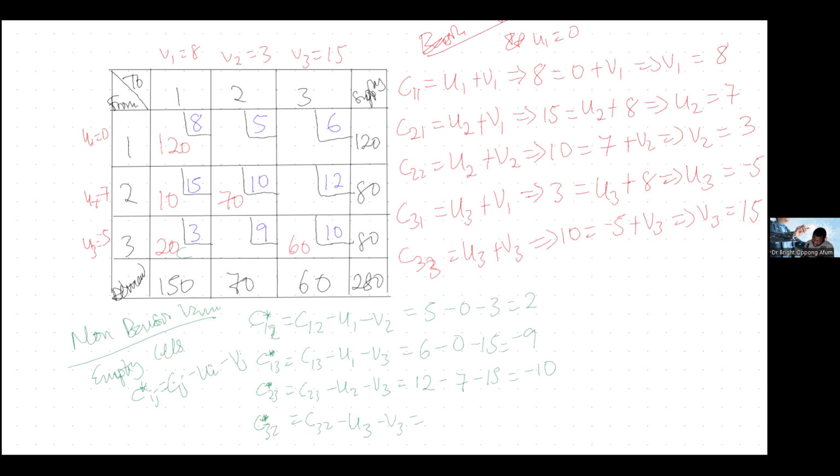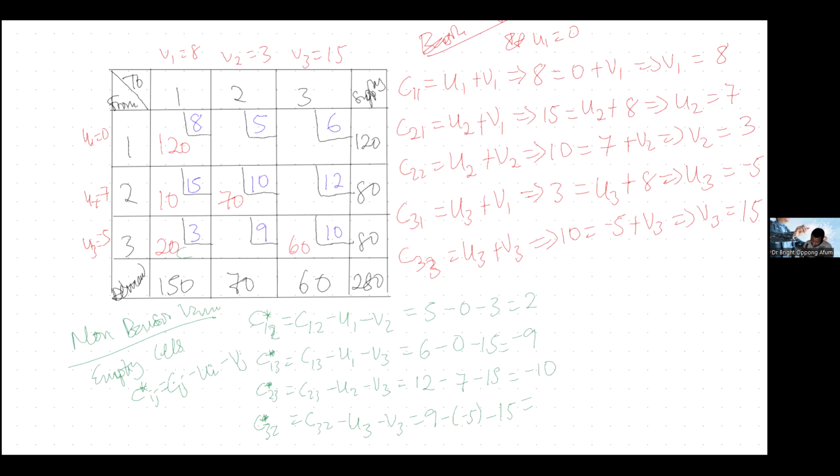And if you substitute, C32 is 9, U3 is negative 5, minus V2 is 15. So 9 minus negative 5 is 9 plus 5, and that is 14 minus 15.